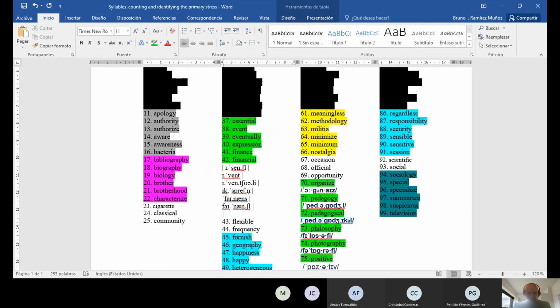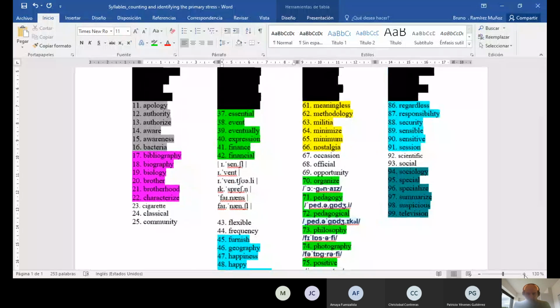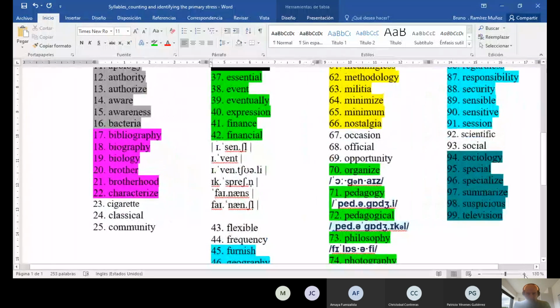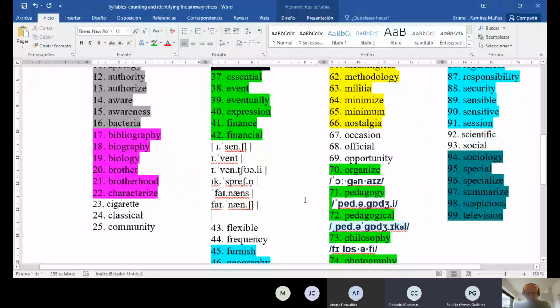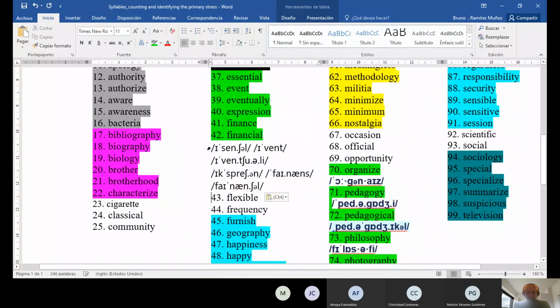Are you seeing the Word file? Yeah, I can see. The message of Patricio was in the team chat, not in the call. So I put it in the chat now. Perfect. Wonderful. So let me get rid of this. Okay.